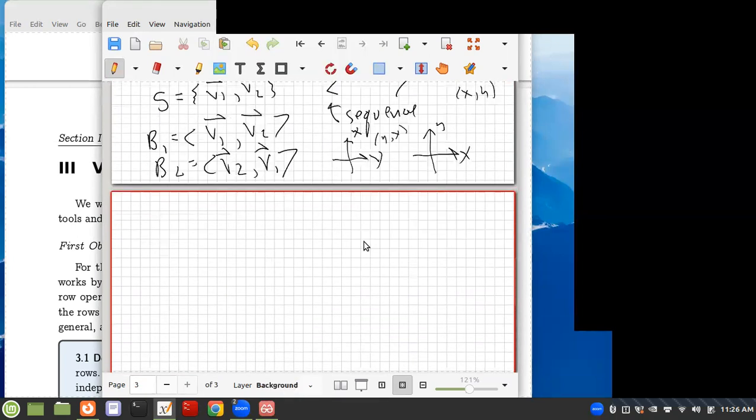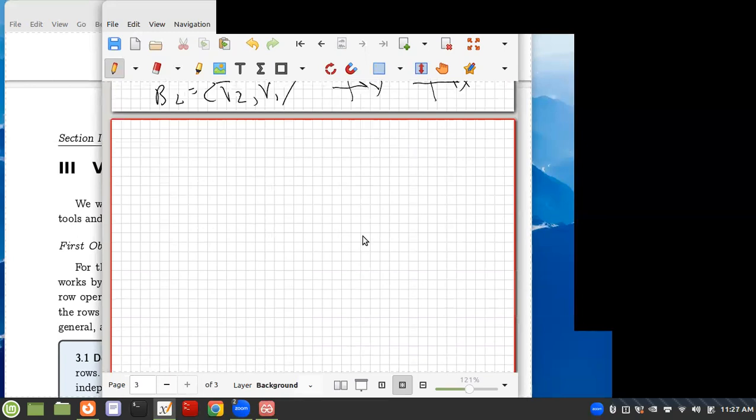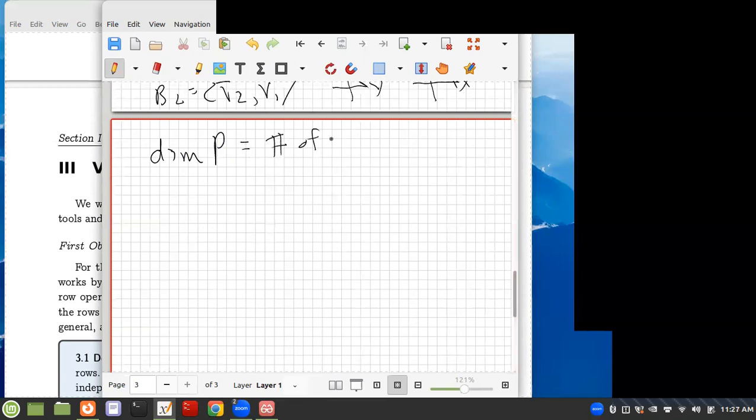So that's the idea of a basis. It is a set of vectors that spans a vector space and is linearly independent. Now, the dimension of the space, the dimension of P up here, is the number of vectors in any basis.